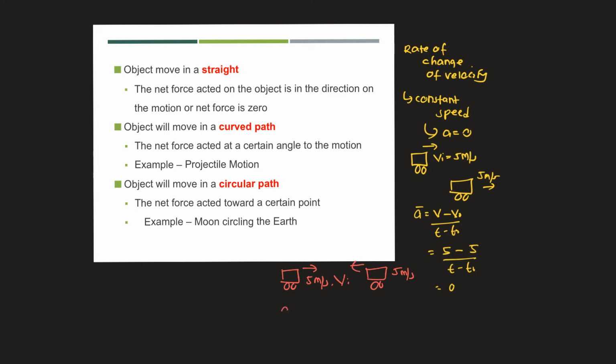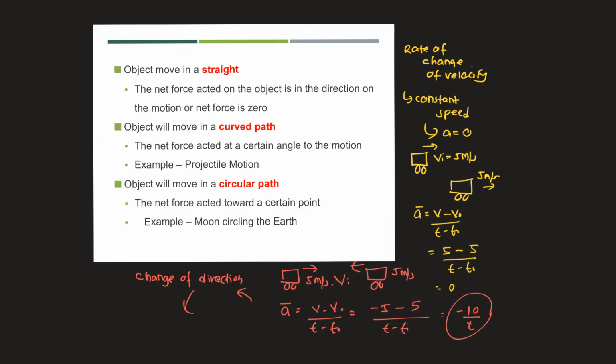So when we put it inside our calculations, v final minus v initial over t final minus t initial, the final is going to be -5 because it's moving to the left, and the initial is going to be 5 moving to the right. So you are going to get -10 over time. This proves that it's not only the change of magnitude of velocity that can produce an acceleration, the change of direction can also produce acceleration.